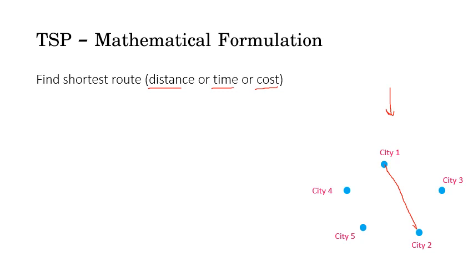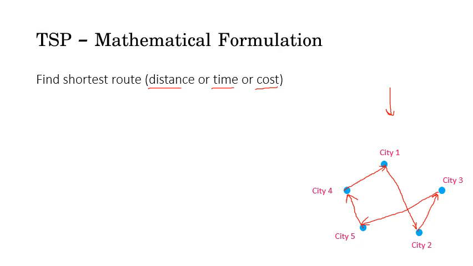He goes to city 2 first. From city 2 he goes to city 3. From city 3 he goes to city 5. From city 5 he goes to city 4. From city 4 he goes to city 1 and completes his tour or journey at a point where he had begun his tour.